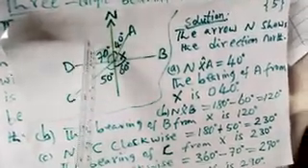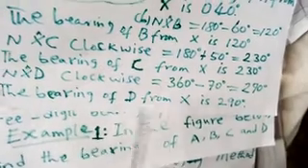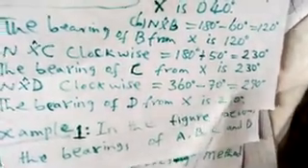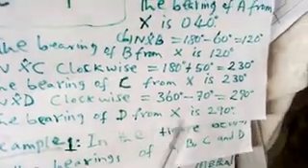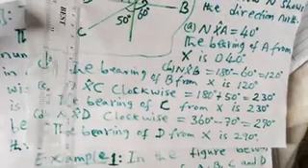So to get the bearing of D from X is going to be 360 degrees minus 70 degrees. And 360 degrees minus 70 is going to be what? 290 degrees, okay? That is the bearing of D from X.